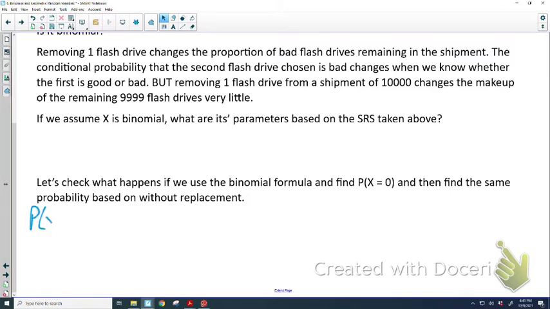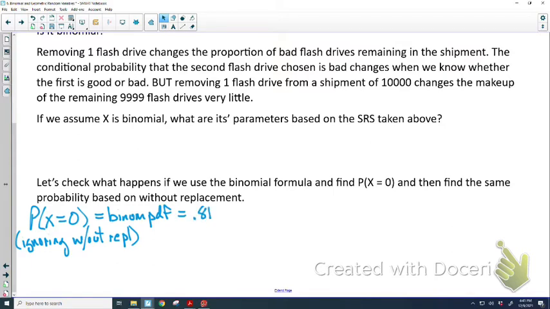So P of X equals 0. This is, by the way, ignoring without replacement right here. So I'm going to do binomial PDF and see what I get. I get 0.8171.